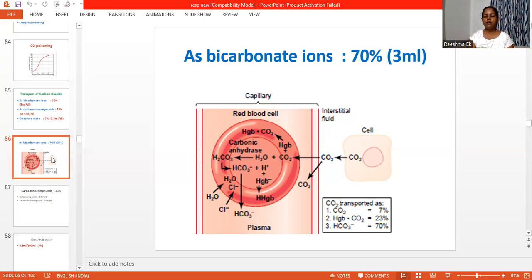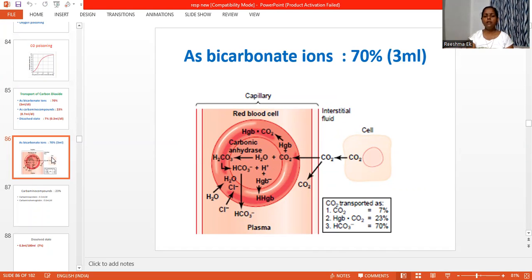This waste diffuses from the cell, tissues into the interstitial fluid. From there, carbon dioxide diffuses into the plasma of the blood. From the plasma of the blood, carbon dioxide diffuses into the red blood cell.